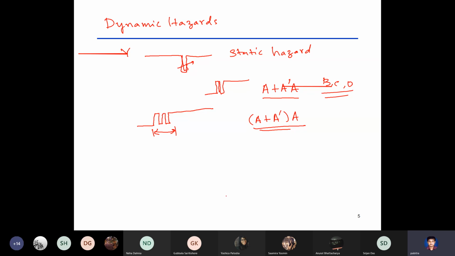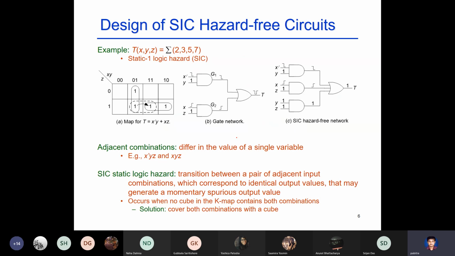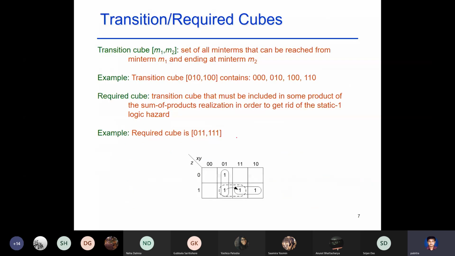All right, so these are for single input change. This is what I talked about as single input change. You look at transition between some input combination and then generate momentary output. So these are some of the concepts. Let me quickly review.